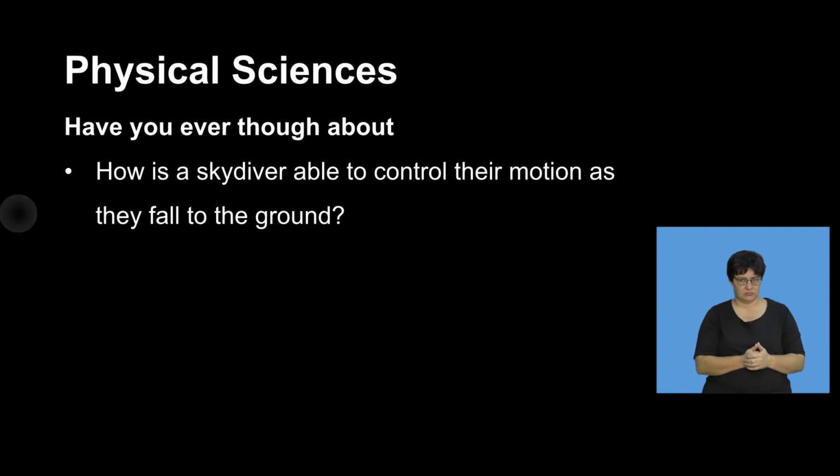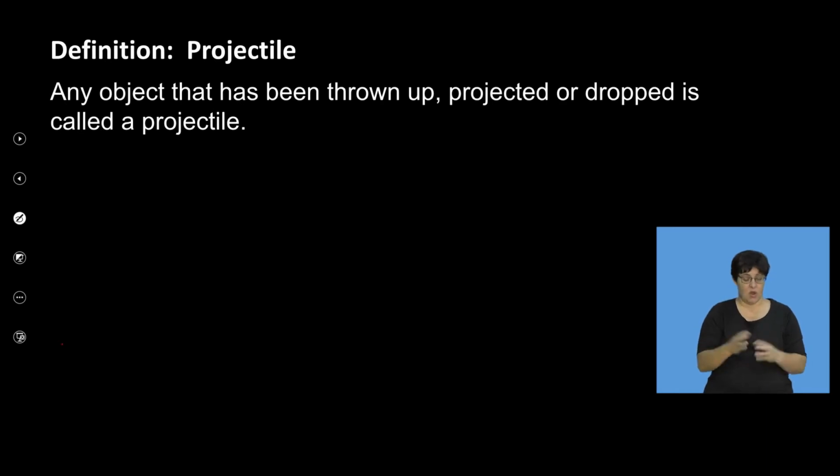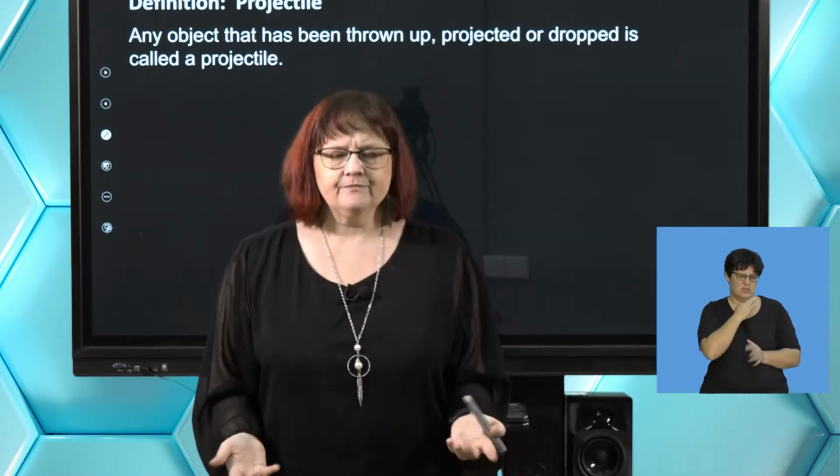All right, so let's see if we can get to some answers. First of all, let's define some things. The first thing we're going to define is what a projectile is. A projectile is any object that is being thrown up, projected, or dropped. Thrown or projected, we're good. That's a projectile, because that's how we use it in English.